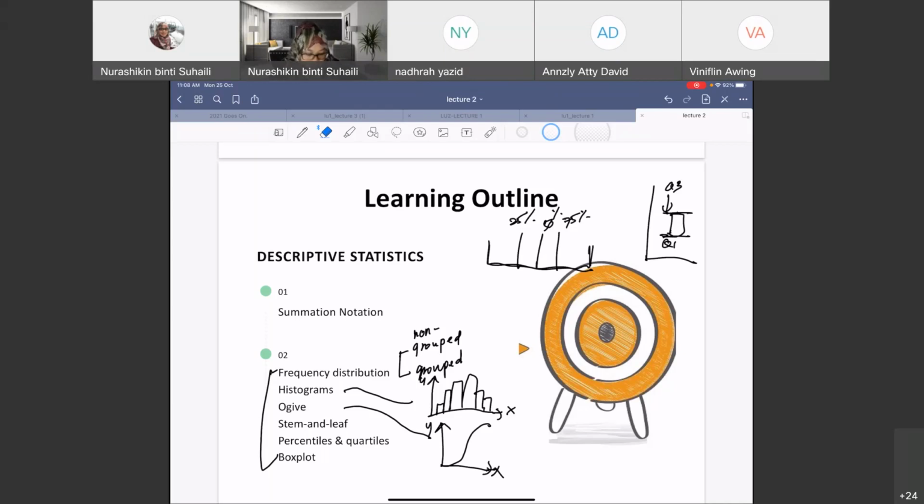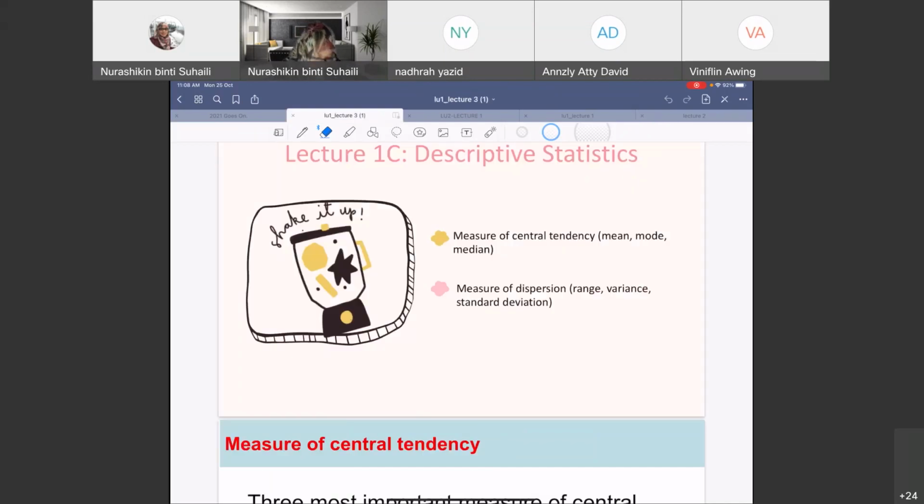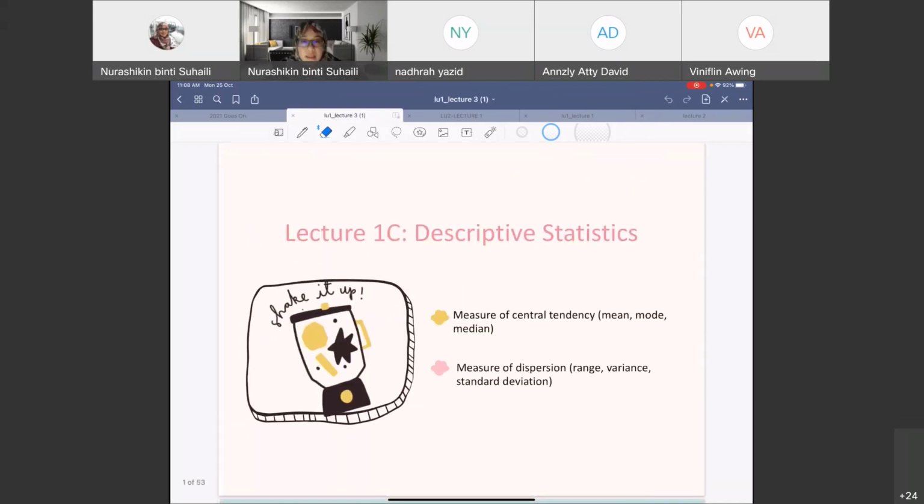This is the second part. Okay, so today we are still in LU1, but we're going to wrap up LU1, still on descriptive statistics. The focus for today is the measure of central tendency and also dispersion.